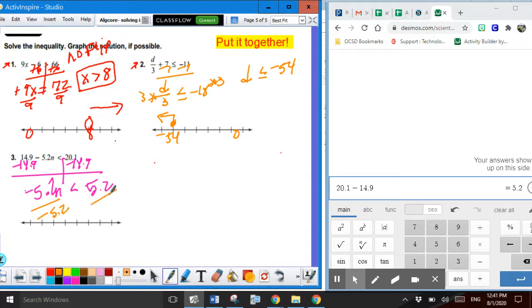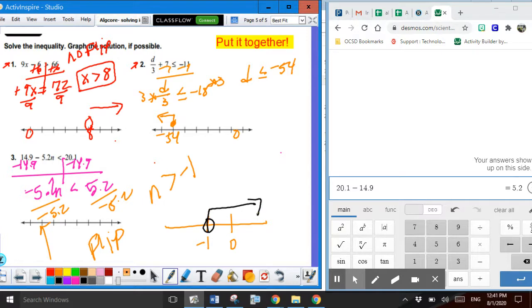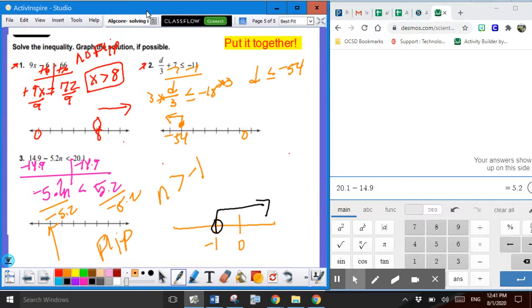And if I remember right, that is a problem. So this one is going to flip. So n greater than negative 1. And I'm going to go ahead and graph this one over here because I wrote all over that side. So 0 and negative 1. It is an open circle to the right.